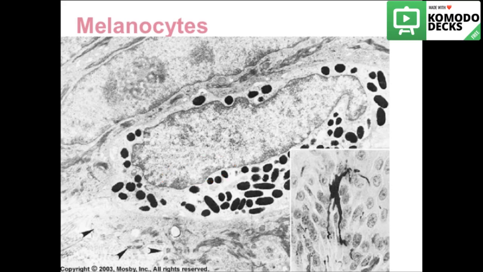These cells can contact up to 40 keratinocytes in what can be called an epidermal melanocyte unit, thus producing melanin and transporting it to keratinocytes, contributing to the color of the oral mucosa.